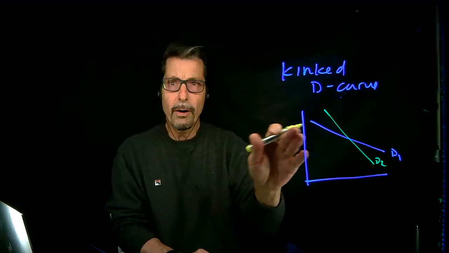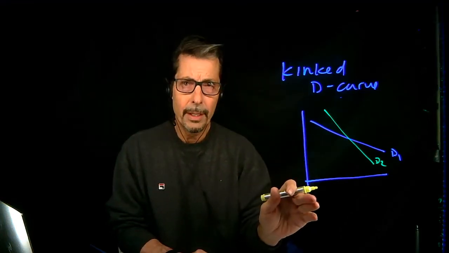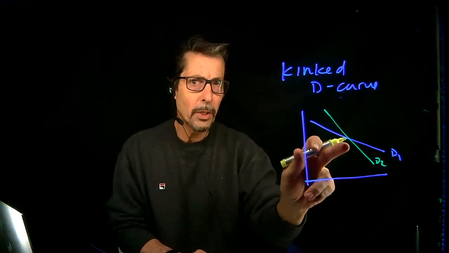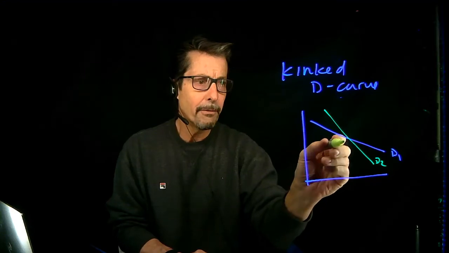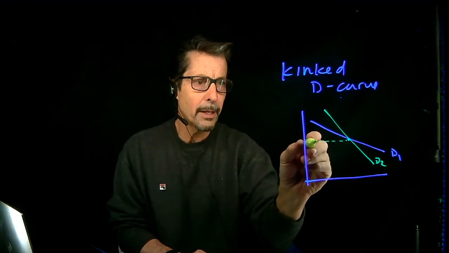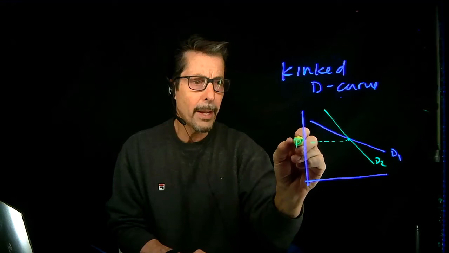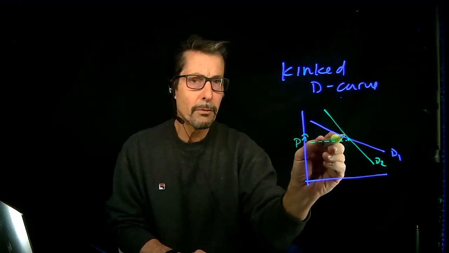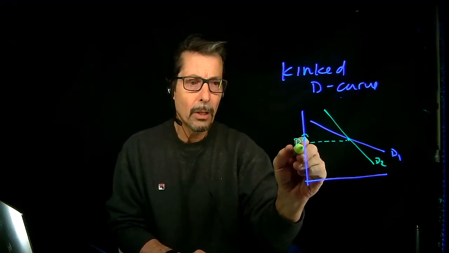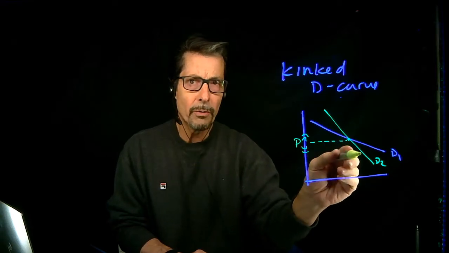Now, only parts of each curve are relevant. I want you to be able to identify which parts are relevant. If you start at a price right here and I raise price, which curve do I move along? If I lower price, which curve do I move along?